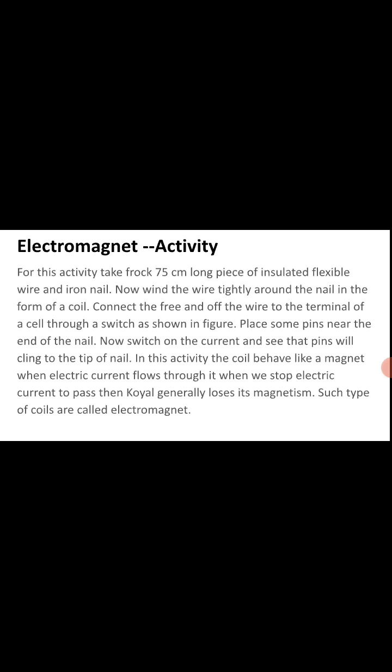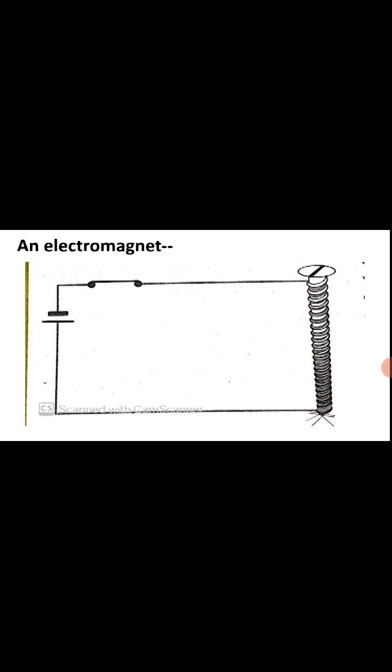That wire we will wrap on an iron nail, a flexible iron nail, and then connect the free ends of the wire to the terminals of a cell through a switch, as shown in the figure.